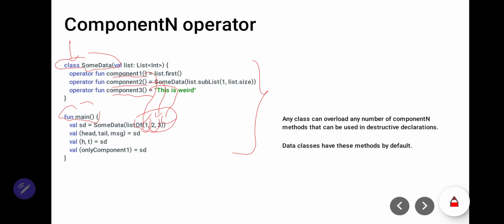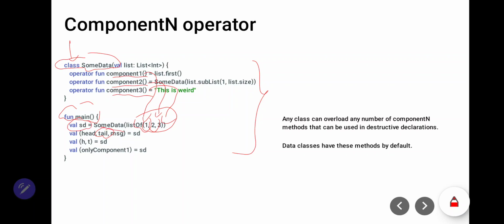Destructuring declarations are available for more than just data classes. We can support that convention with a plain non-data class. To do so, we manually implement component N methods to support destructuring declaration. Those methods must be declared with an operator keyword. In the example, if we need to omit the head and obtain the tail only, we can use an underscore.